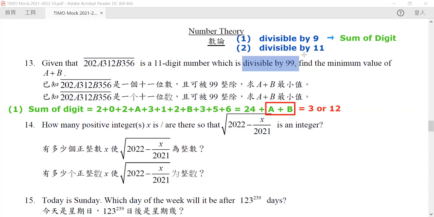For the divisibility by 11, we have something very similar to the sum of digits, but instead it is the alternate sum. Instead of summing directly, we separate the digits into two groups, and then we sum up each group.